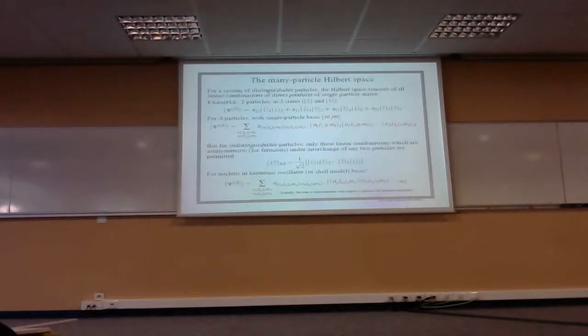So ultimately, it would be like the triton or its isobaric analog. That's interesting. I could also imagine doing something like deuteron plus nucleon scattering. There might be things you could do there.